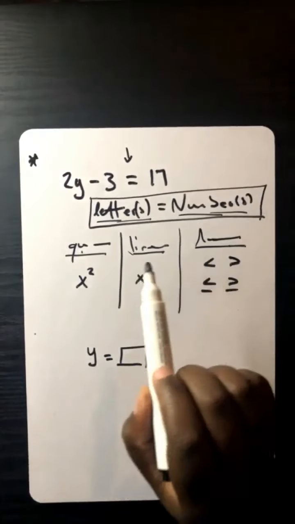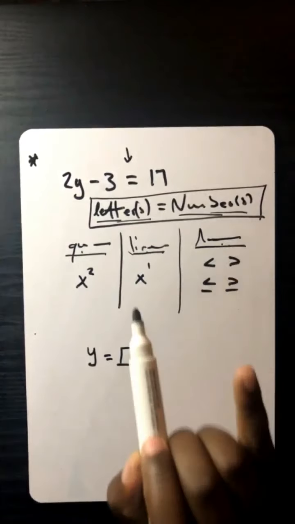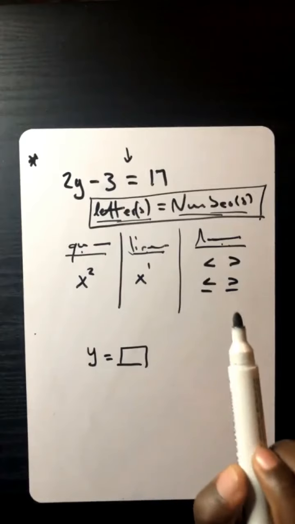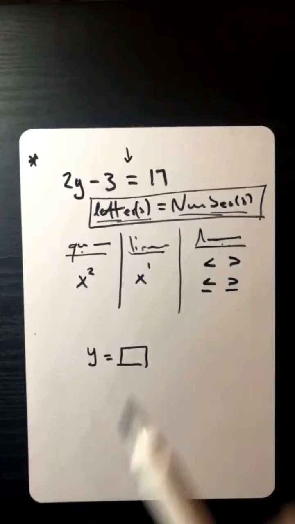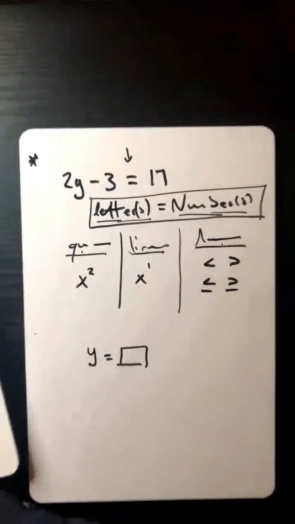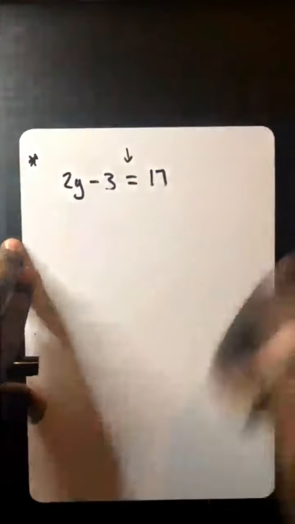If you've got a linear inequality, you are going to have one letter where you will provide one value for that letter. So guys, I hope that improves your understanding of how you deal with different types of mathematical problems.